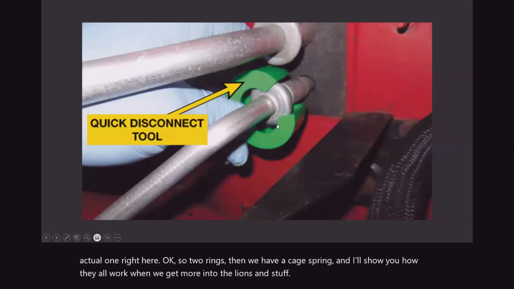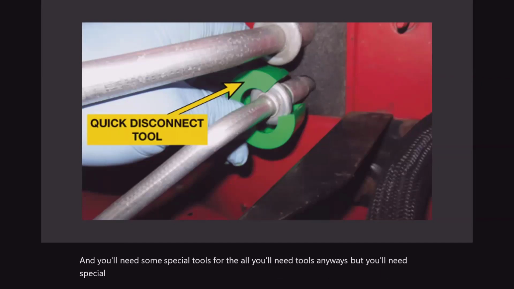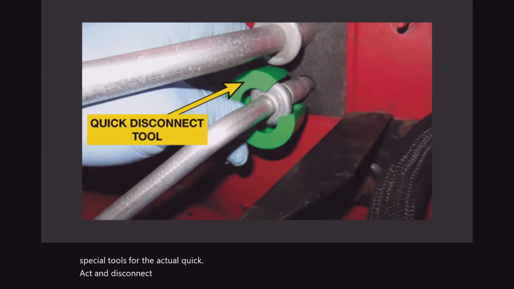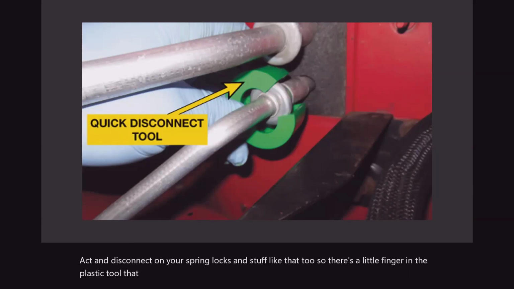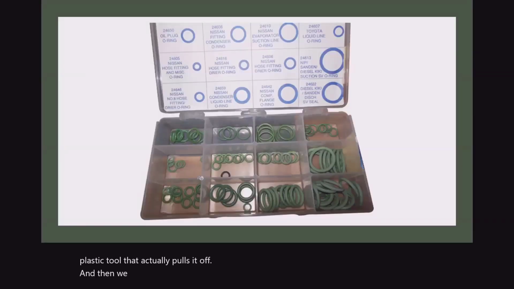And you'll need tools anyway, but you'll need special tools for the quick connect and disconnect on your spring locks. There's a little finger in the plastic tool that actually pulls it off.